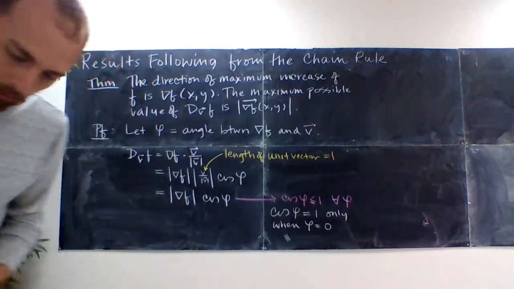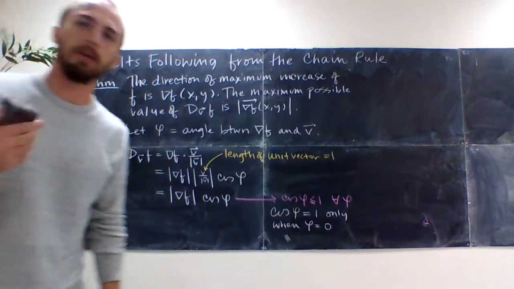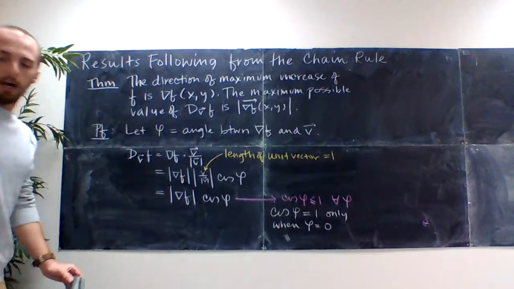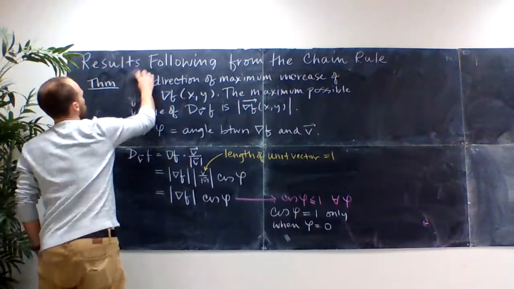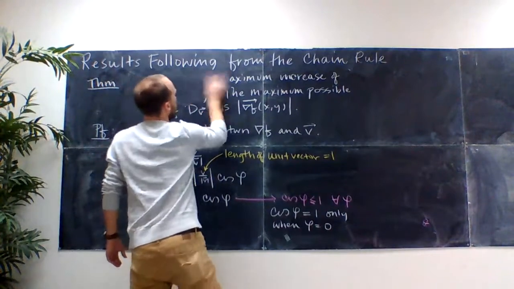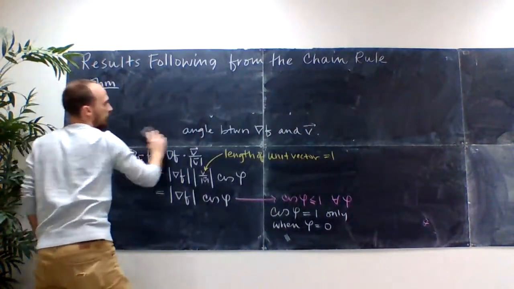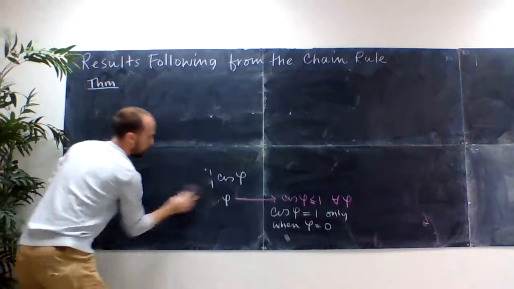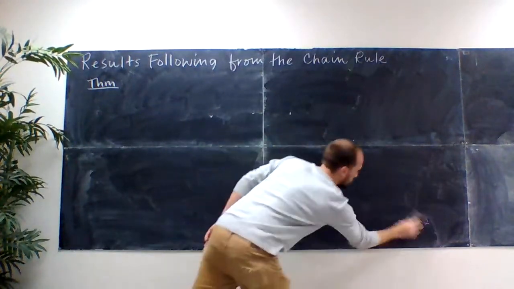Now, the last thing I'm going to show you is that the gradient vector is going to be orthogonal, normal, perpendicular, whatever word you use for it, to any sort of level set. This won't take very long, and it follows directly from the chain rule.